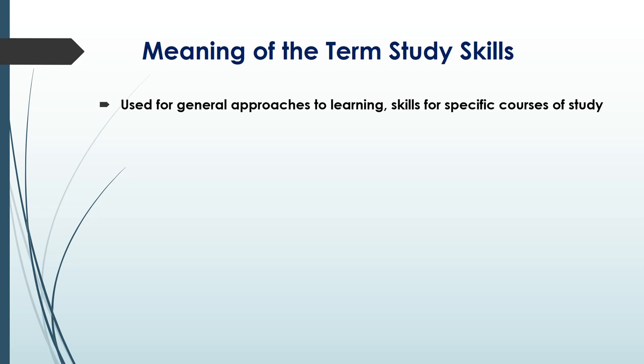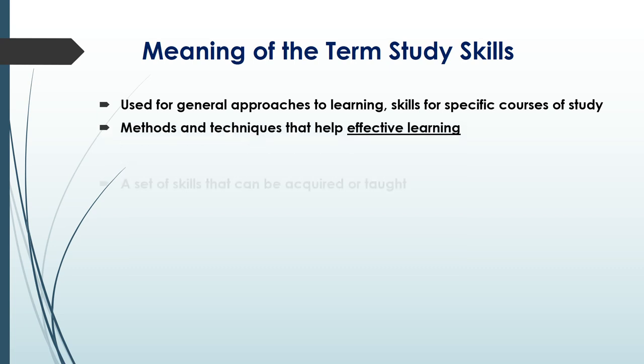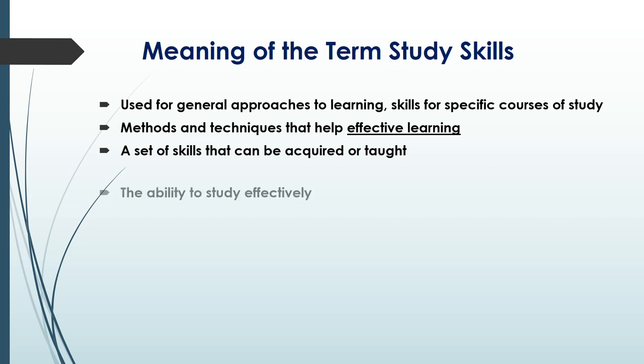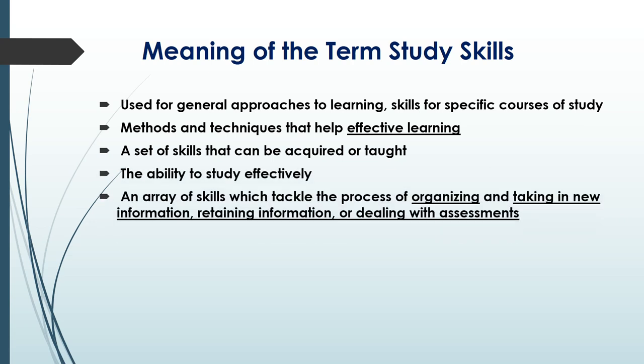And then there are so many skills. This is an umbrella term, a collective term which has so many approaches, so many methods that you will find out. I have written different definitions of that, but I will take you to the last two. The second last is that it is an array of skills.